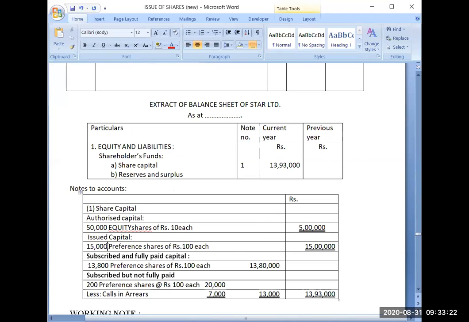Then issued capital is 20,000 equity shares of rupees 10 each. It will become 2 lakh.